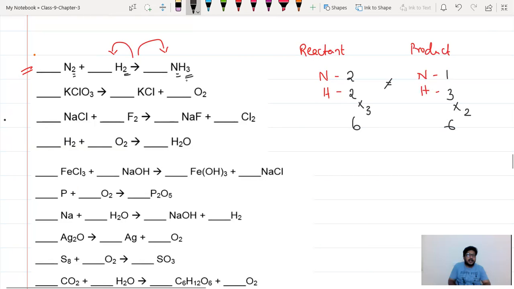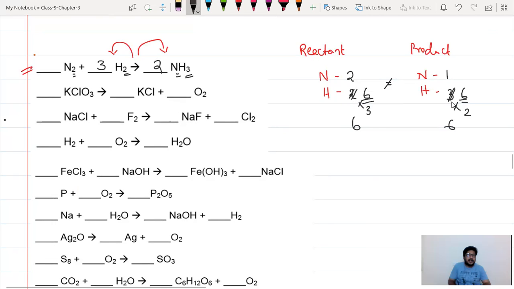Only add a number in front of the atom or molecule or compound. Please remember. So hydrogens 3 here, 2 here. If you add number 3, it will become 6. And if we add number 2 to the product, how many hydrogens now? 3 has become 6. On the reactant side, 2 has become 6.